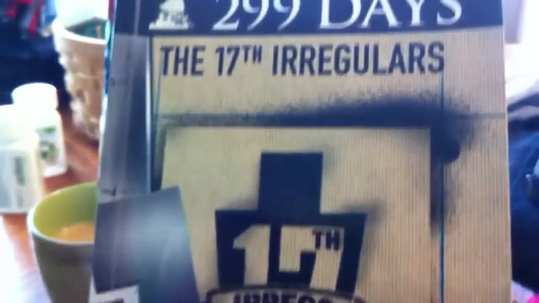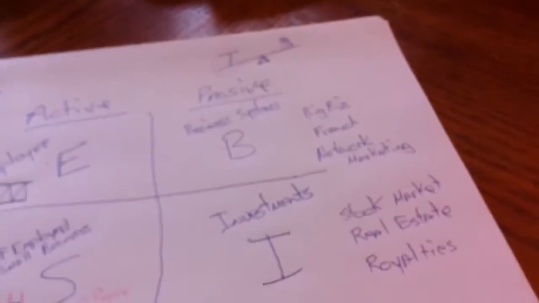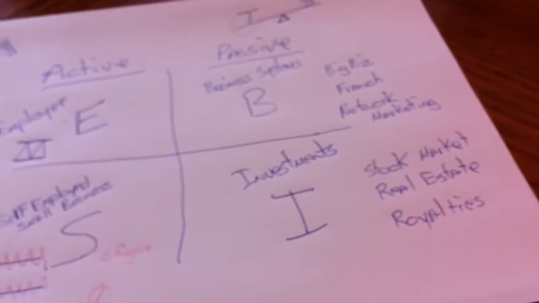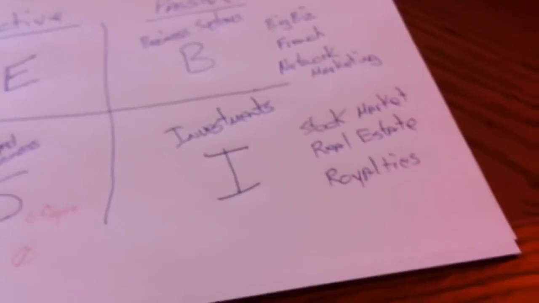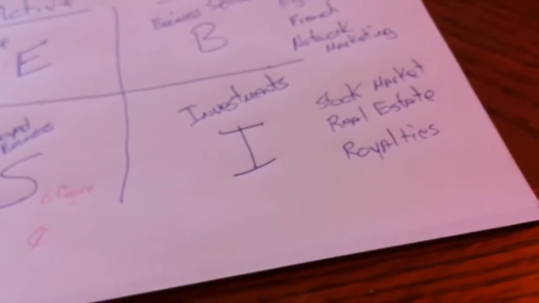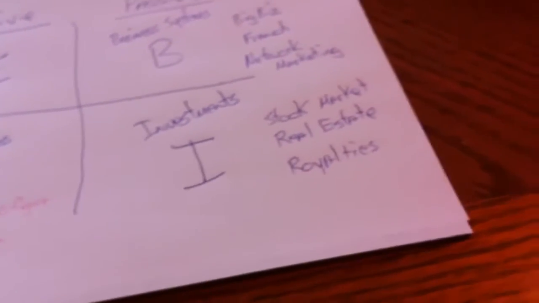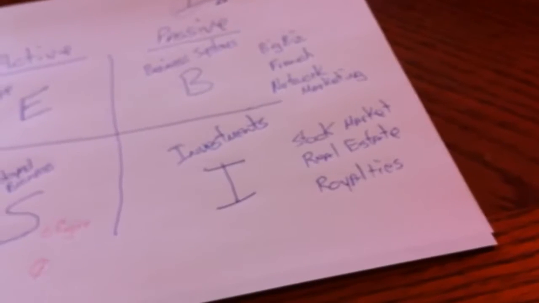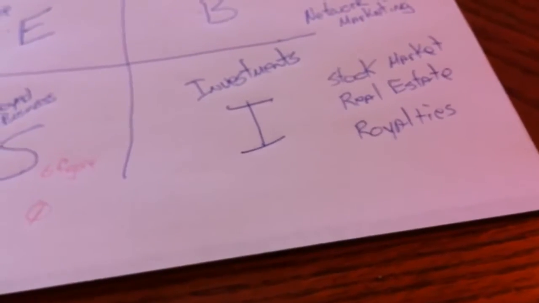Here's a book called $2.99, and it's written by this guy named Glenn Tate. Glenn Tate's written several books. Every time he writes a book and one of those books sells, he gets a royalty off of that book. Now, I don't remember who his publisher is, but the publisher is in charge of printing those books and selling those books. Glenn Tate gets a royalty off of those books every single time one of them sells.